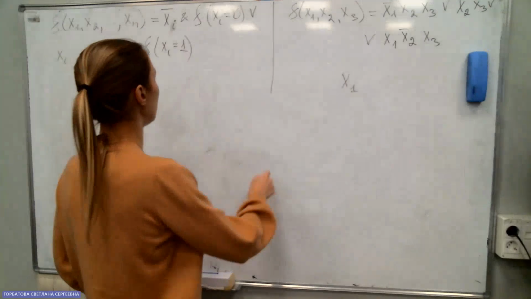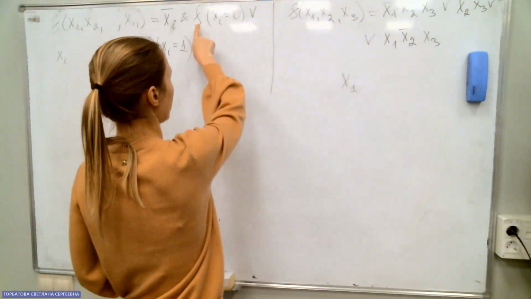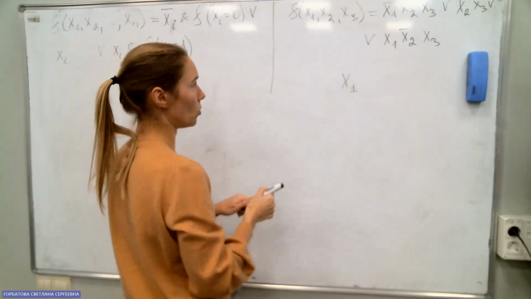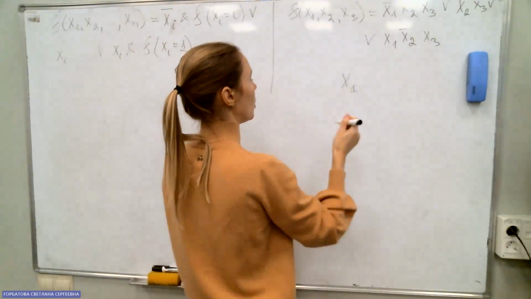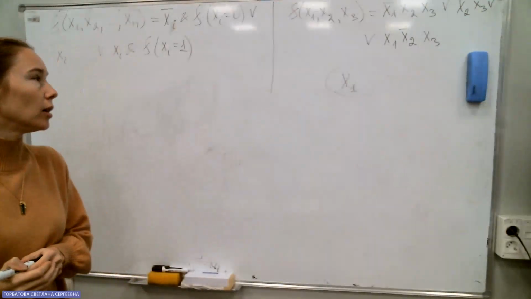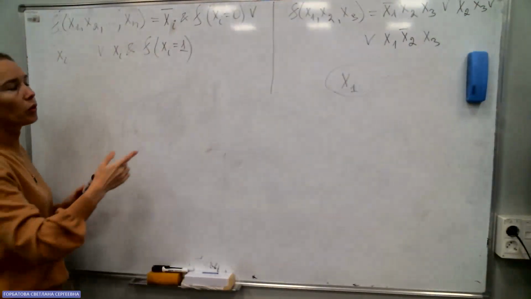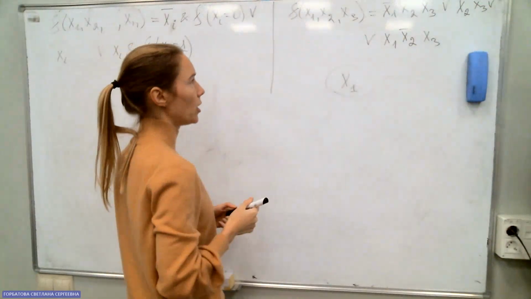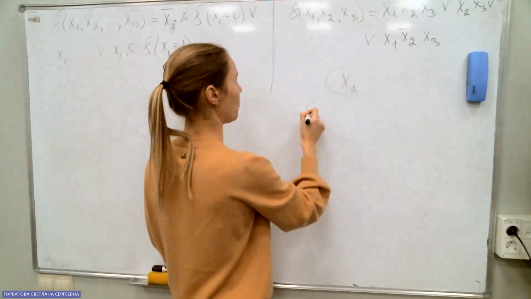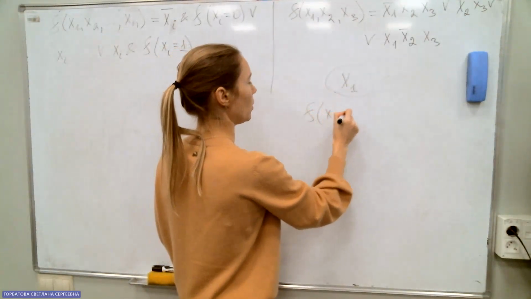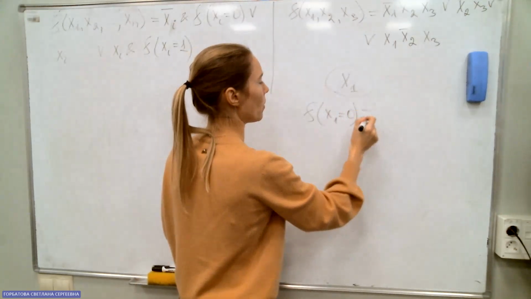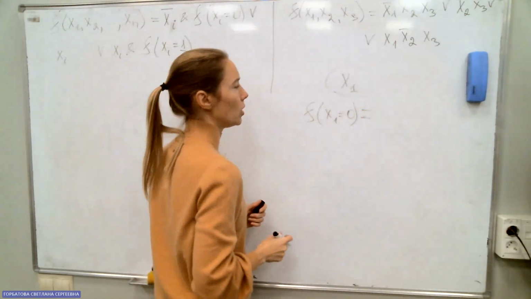And so how can we get f of xi equals to 0? For example, we use x1. We would like to delete x1 from this expression. So we need to get f of x1 equals to 0. This is very easy.